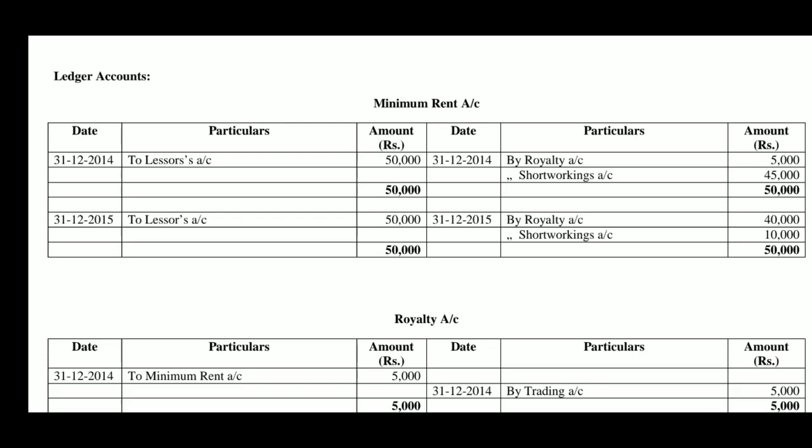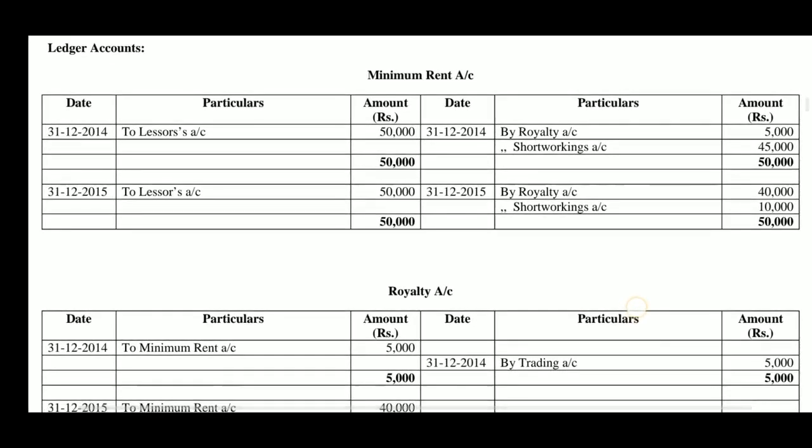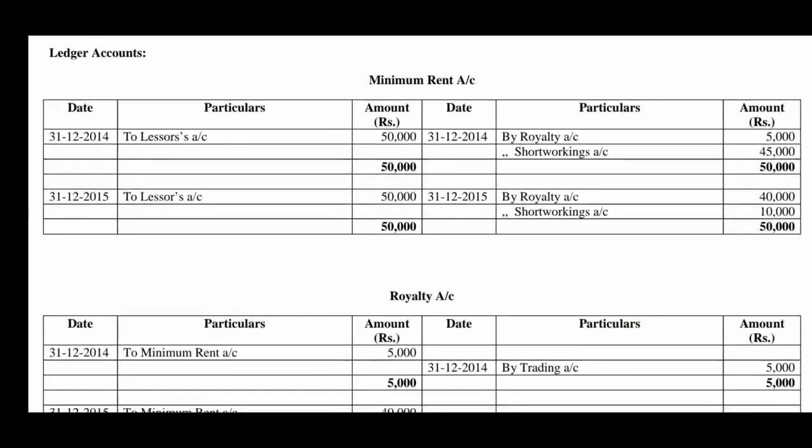Now, see, when the above journal entries are posted, the minimum rent account is debited, to lessor's account 50,000. Ultimately, it is transferred: by royalty account 5,000, by short workings account 45,000, total 50,000. In any account, the balance should be made and the account closed, but here the balance of minimum rent is transferred to the royalty account and the short workings account.